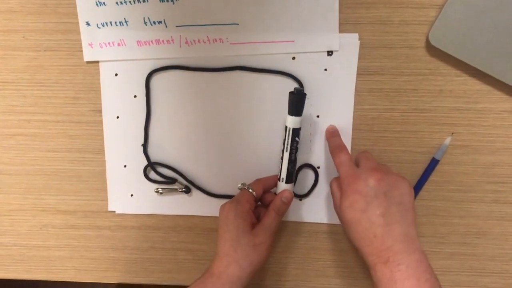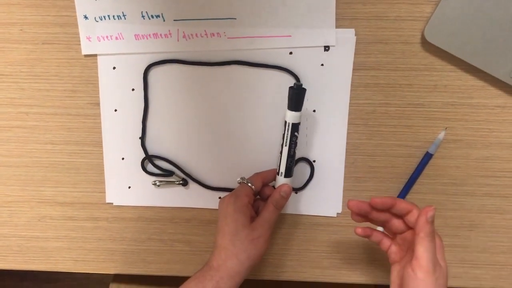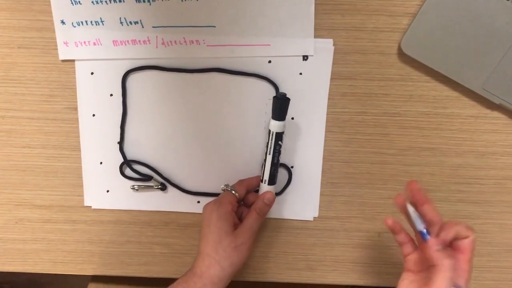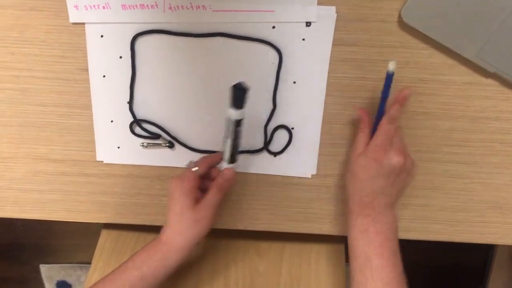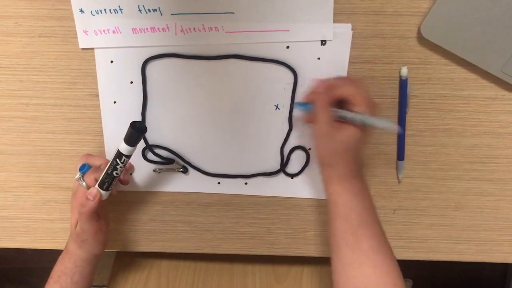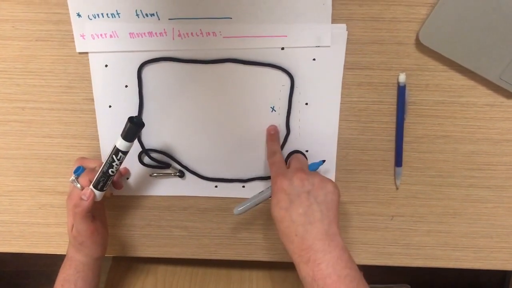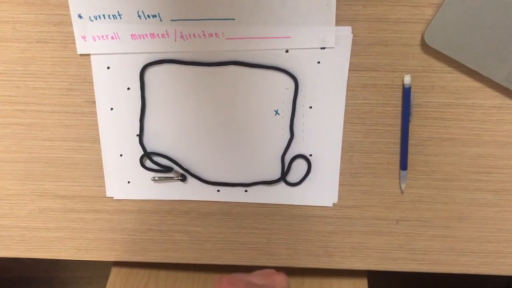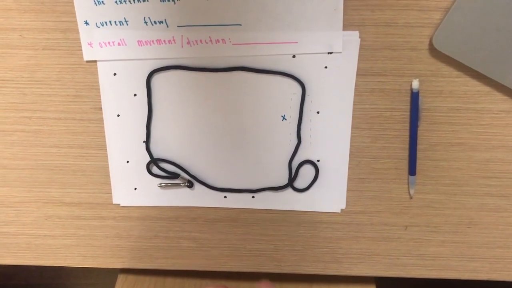This is coming out at us like we talked about, so in order to oppose it, the inside has to be coming into the board. Because this is going out, this has to go in, and that's key in finding the current.